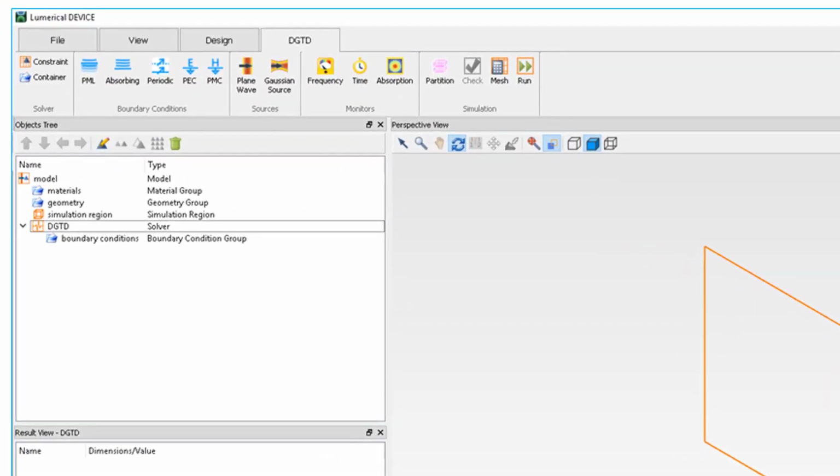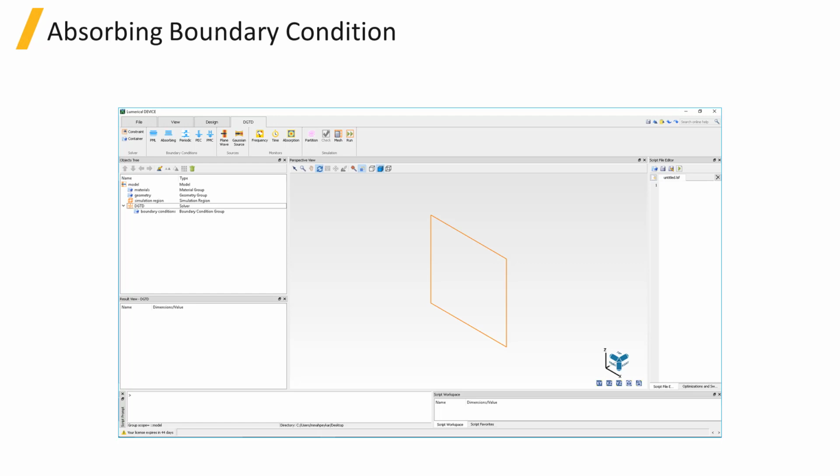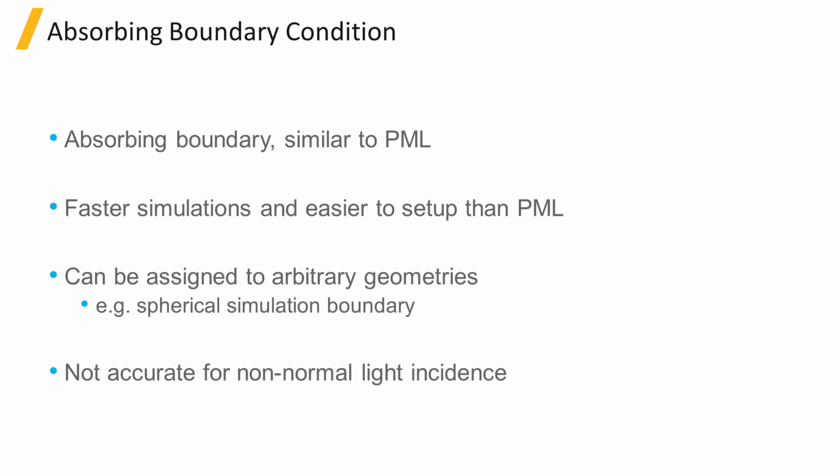The second type of boundary condition is absorbing, which is also intended to absorb incident light without any reflection. The difference is that absorbing boundary conditions are faster to process for simulation and easier to set up. In addition, unlike PML, they can be assigned to an arbitrary shaped boundary, but will not be as accurate as PML when the light is incident at the boundary at a non-normal direction.